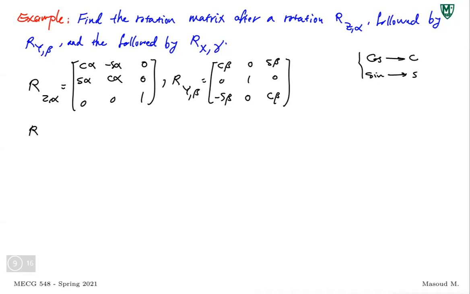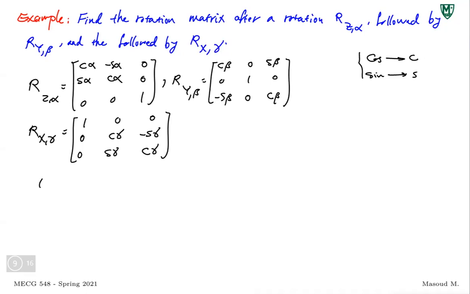And then you have R X gamma. It's X, so this is 1, 0, 0, 0, 0. Then you have cosine gamma, minus sine gamma, and then sine gamma and cosine gamma.